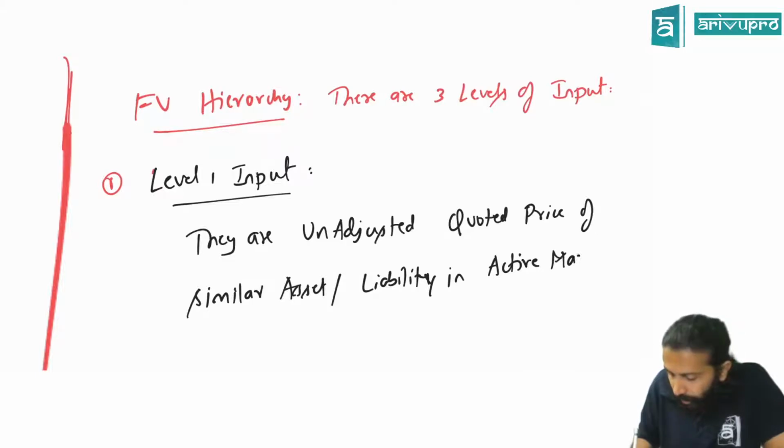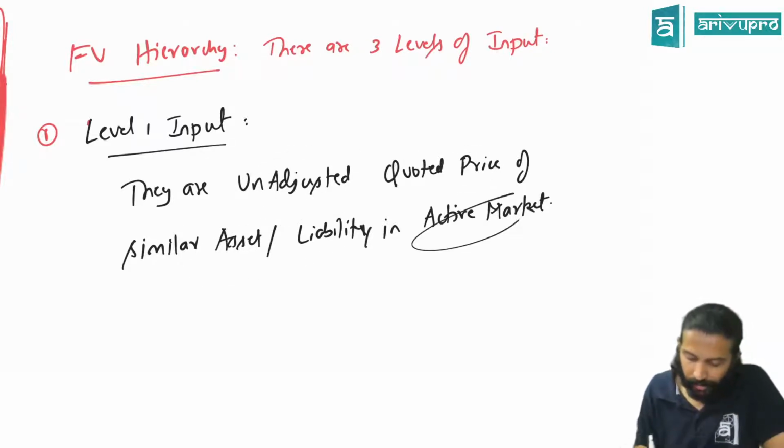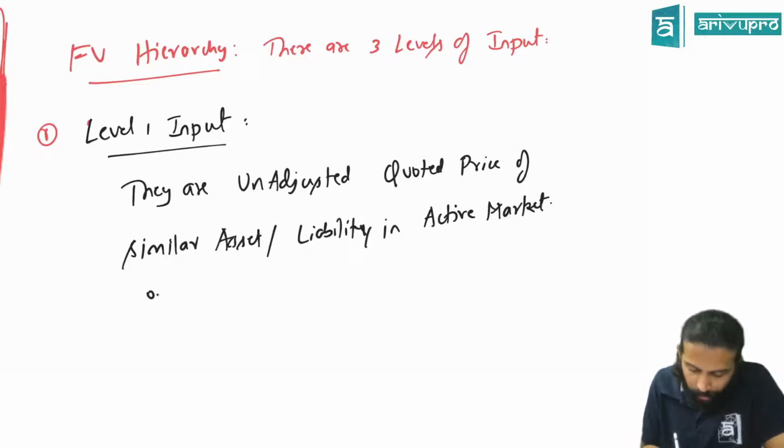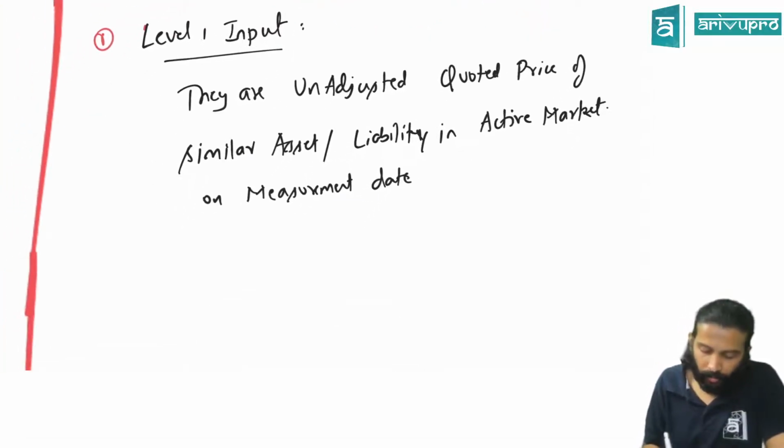Each word is important. You have to write the same if the question comes. No change. Unadjusted quoted price of similar asset or liability in the active market on the measurement date, MD. On measurement date. That we call Level 1 input.